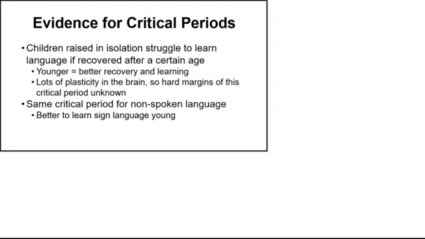And if we see these isolation cases, if they were found younger, say, at 5 or 6, they were able to acquire language and they could get back up to normal functioning levels despite that isolation in their early years. So if they're young enough, they're able to overcome that isolation. But if too much time passes, then they can't. So that's our evidence for these critical periods. There's some range where if you learn language before that, you're fine, and if not, you're not.